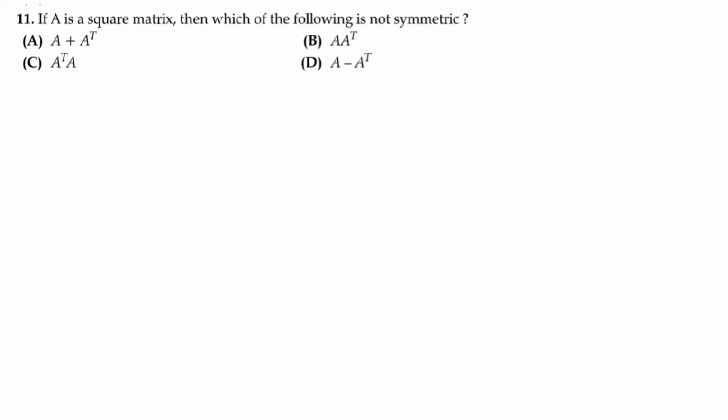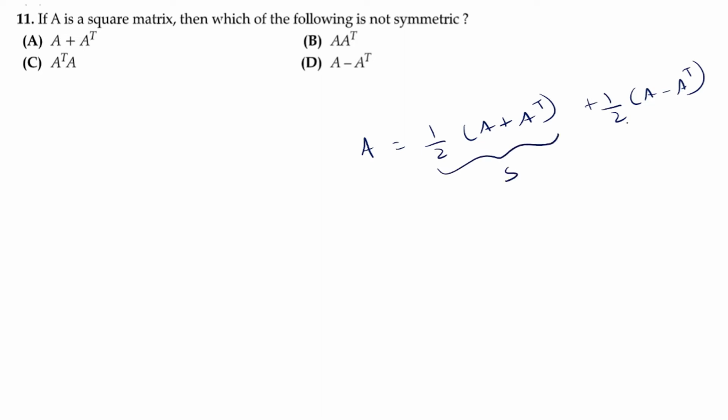The next question: if A is a square matrix, then which of the following is not symmetric? Now we know if A is a square matrix, then we can represent A as a sum of a symmetric and a skew symmetric matrix, half into A plus A transpose plus half into A minus A transpose. So this is symmetric and this is skew symmetric.